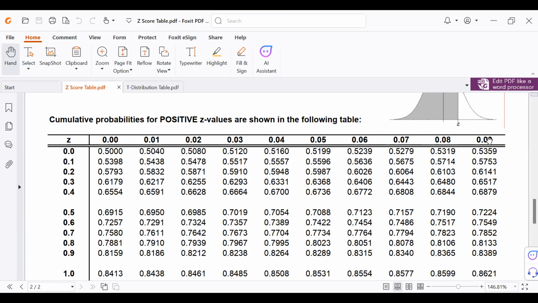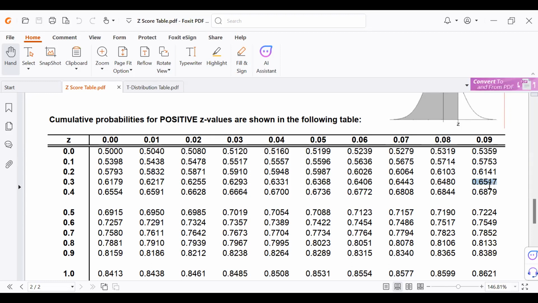So we go to the 0.09 column, and then we move to the line that corresponds to the 0.3, all right? So for the Z-score of 0.39, the probability of getting this is 0.6517.